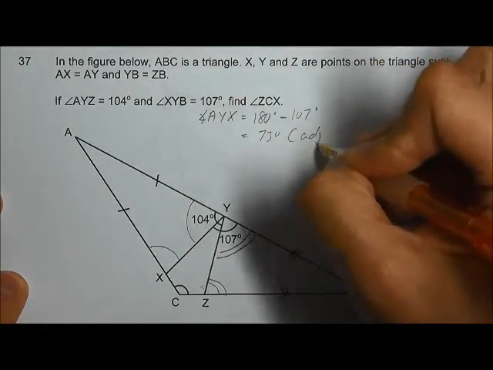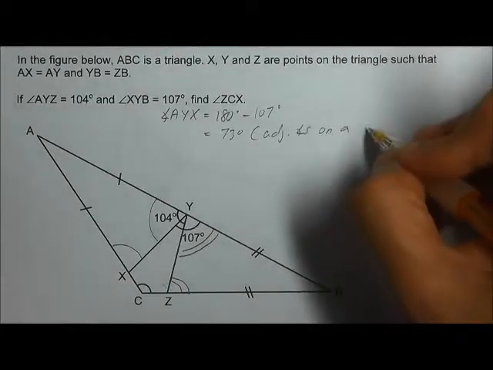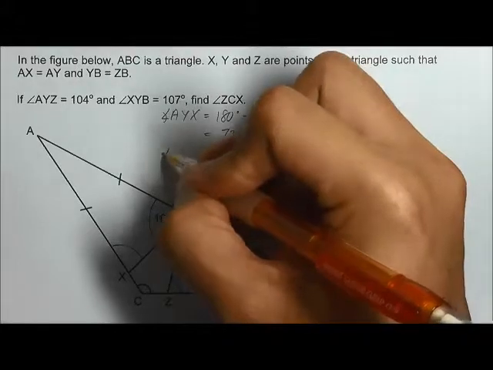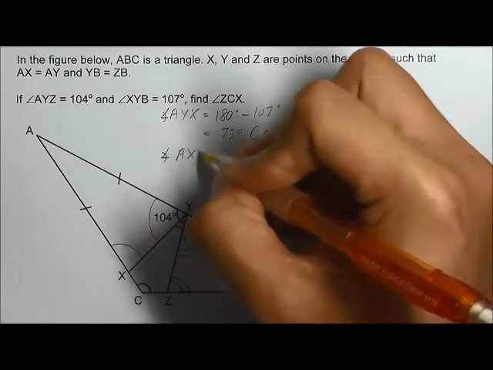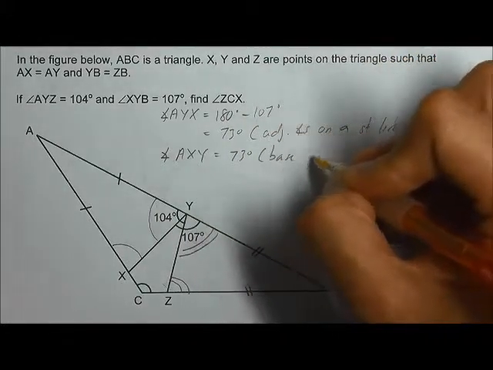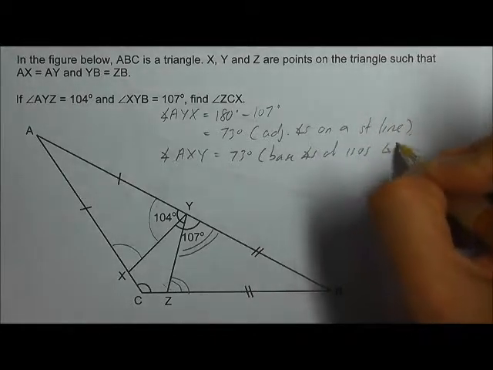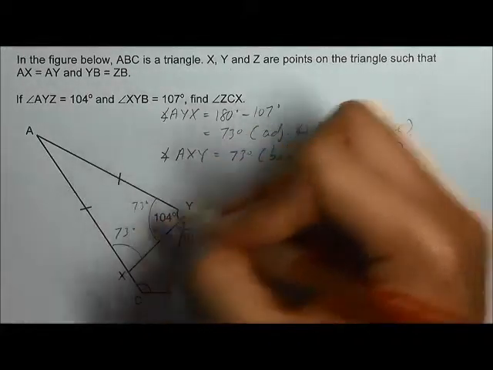This is due to adjacent angles on a straight line. So being an isosceles triangle, this angle AXY will also be 73 degrees due to base angles of an isosceles triangle. So this is 73 degrees, 73 degrees.